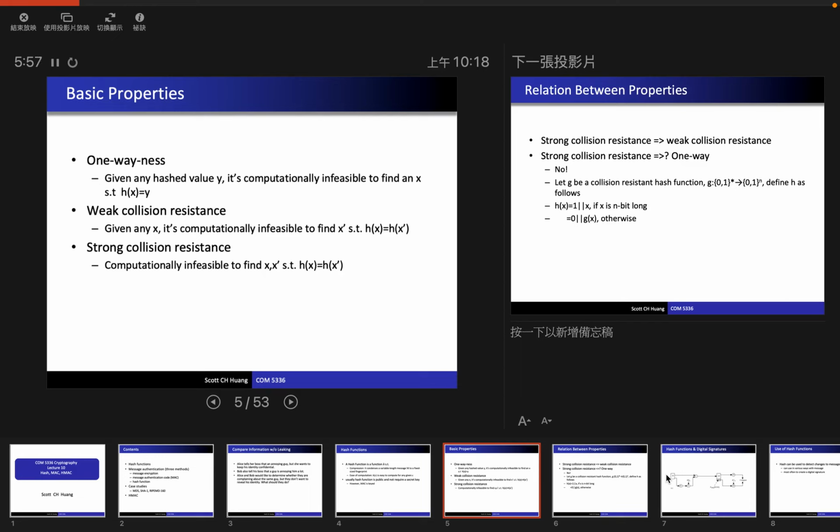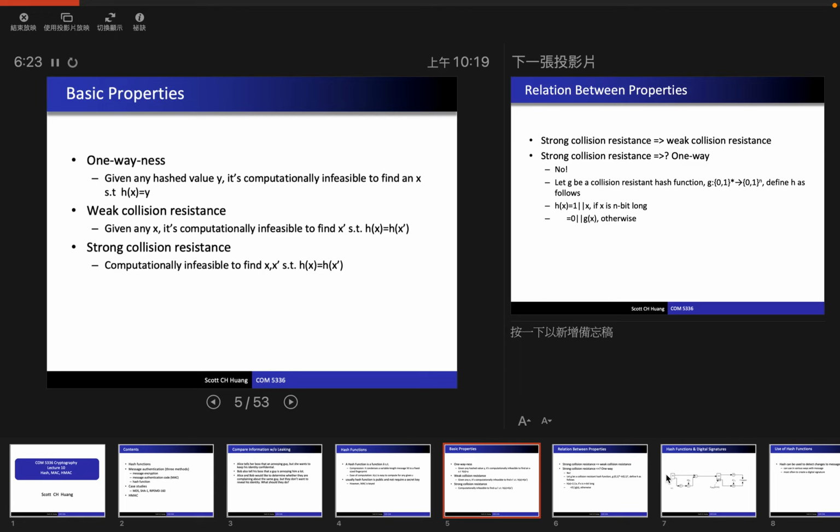For weak collision resistance, you give me x. Suppose we already have strong collision resistance, and you give me some x. Is it computationally feasible to find another one that collides with it? No, because you cannot find anything, with or without any information. So obviously strong implies weak.